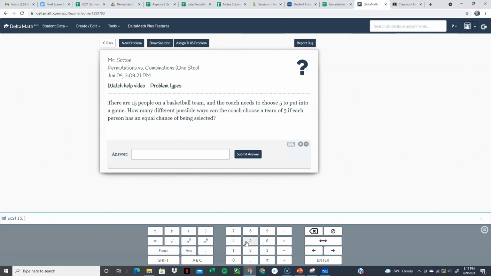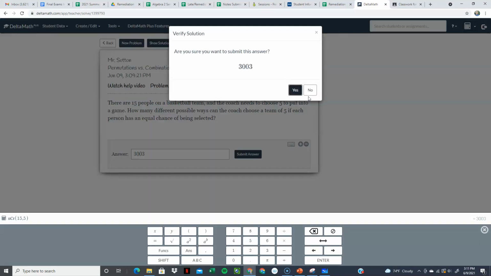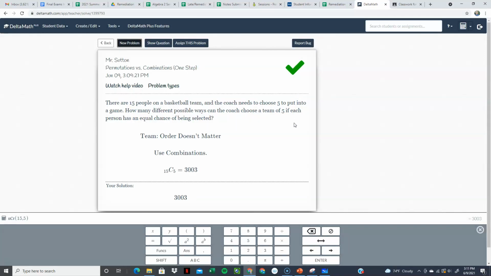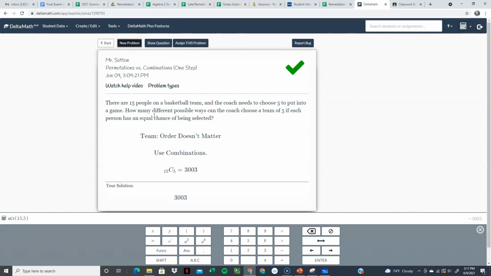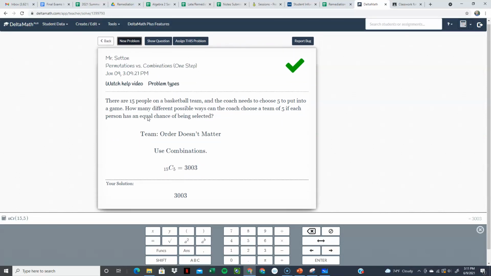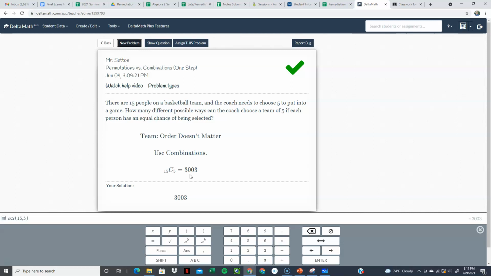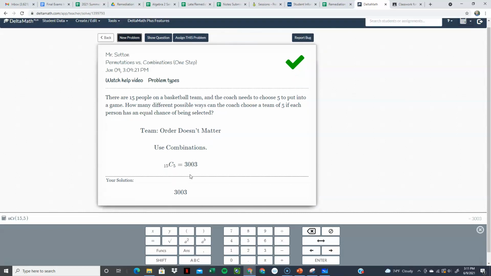And so n equals 15. R equals 5 because we're choosing 5 of them. So 15 choose 5. So that is 3,003 different possibilities here. So let's go ahead and submit that. Order doesn't matter because it's a team without distinct positions. So we're using combination. So that is 3,003.